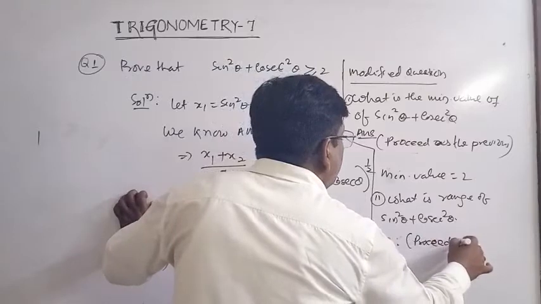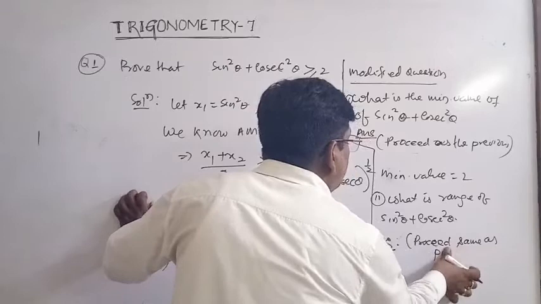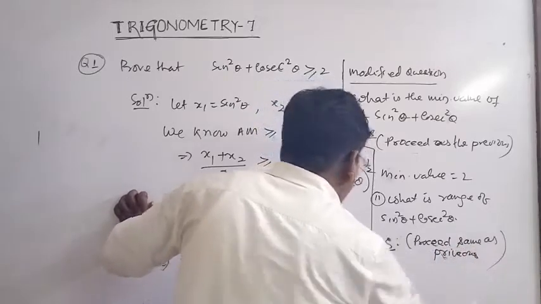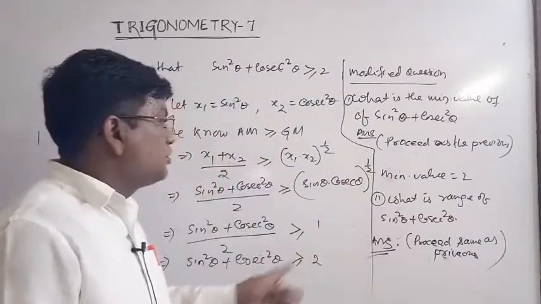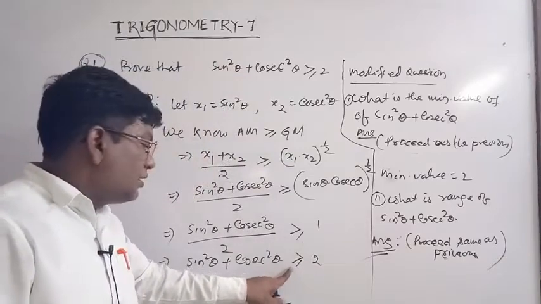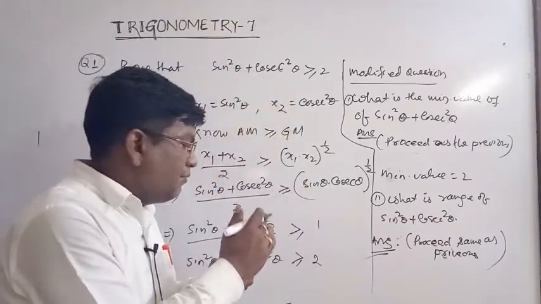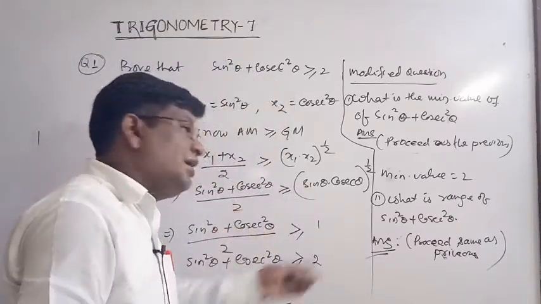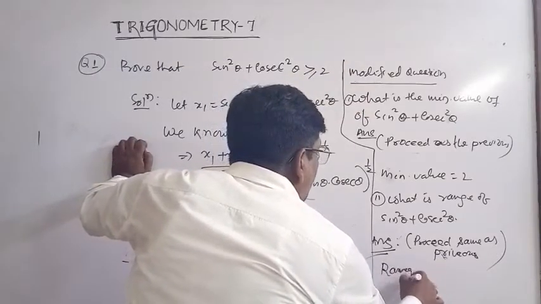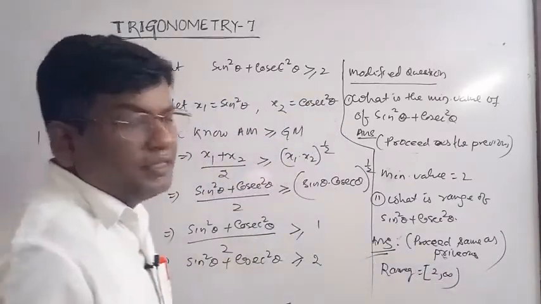Proceed the same as previous, and finally we will reach here that the value of sin square theta plus cosec square theta starts from 2 and goes up to infinity. So the range is the square bracket 2 comma infinity. Okay, equal to sign present.